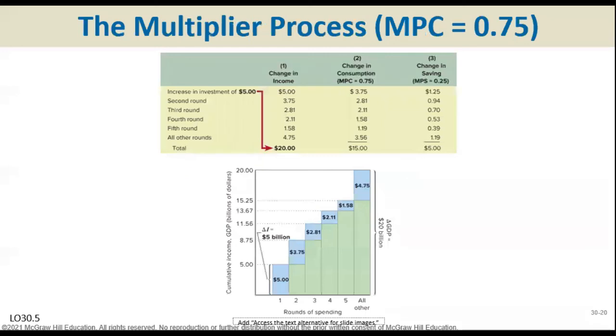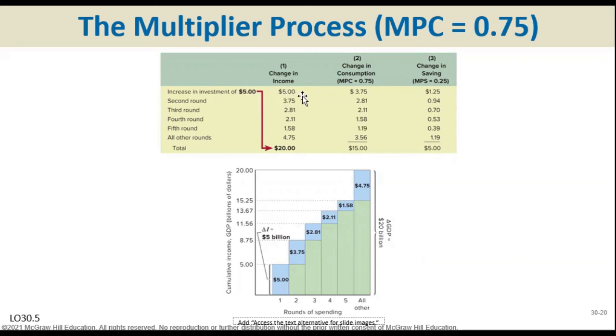Here's one example, a figure that illustrates the concept of the multiplier. Here we look at the multiplier process with a marginal propensity to consume of 0.75. An initial investment of 5 billion creates an equal 5 billion of new income in the first round.